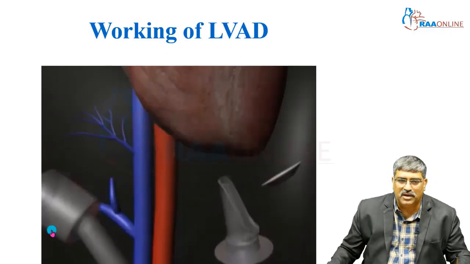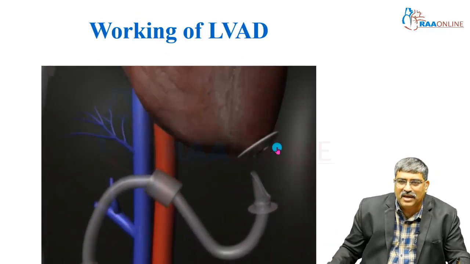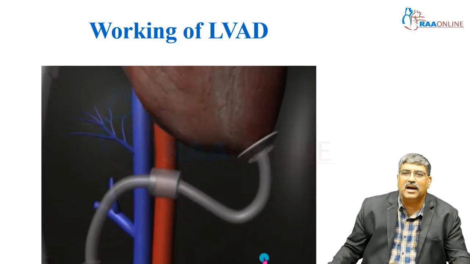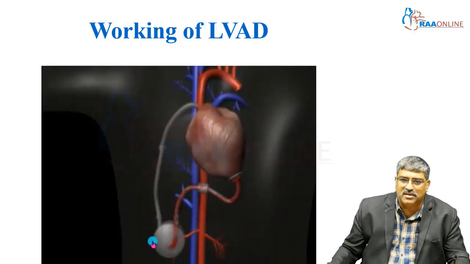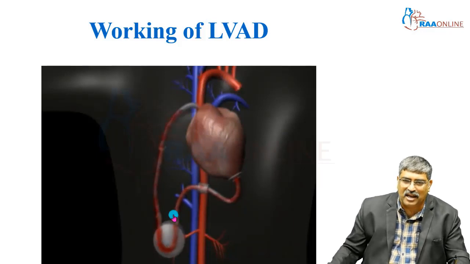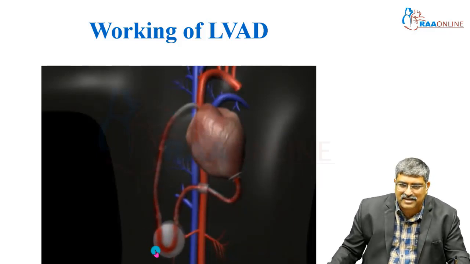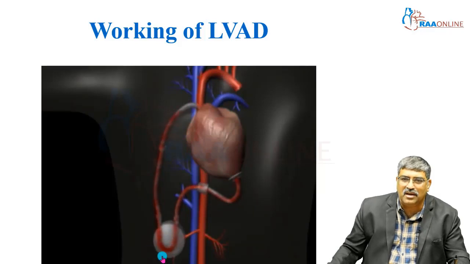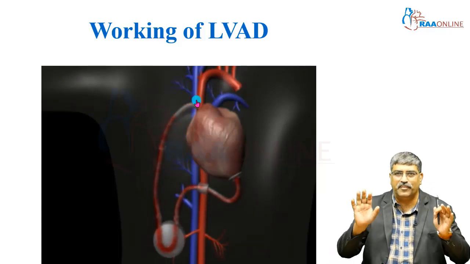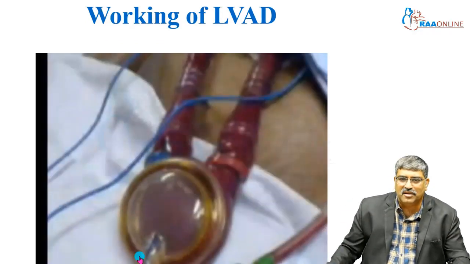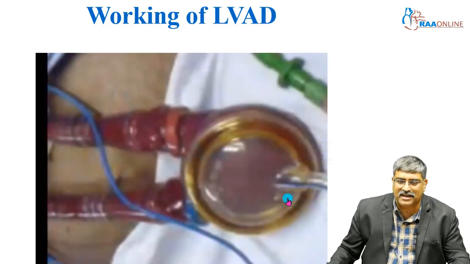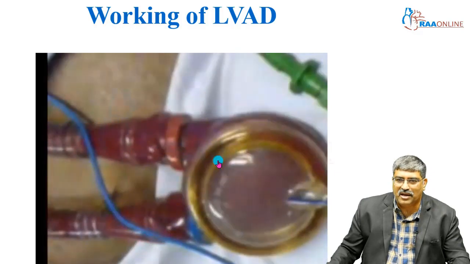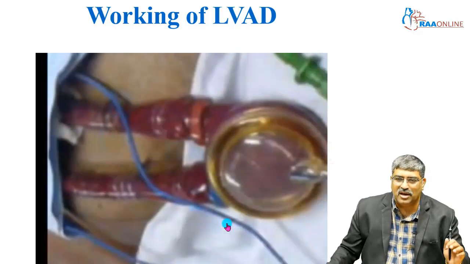In other words, it takes blood from the left side of the heart and gives back to the aorta. This is the first generation LVAD, where there is an external pump which takes the blood from the left ventricle and pumps into the aorta. This was implanted way back in 1999. One cannula takes blood from the LV and another goes into the aorta.